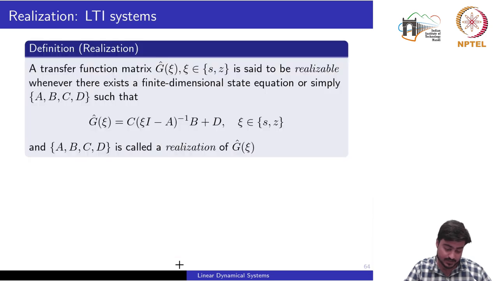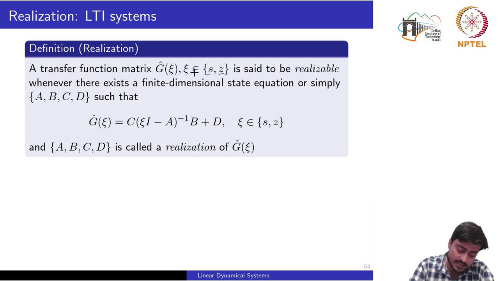Let's define it formally. Consider a transfer function matrix g hat of xi. I use this variable xi just to denote that this definition is valid for both the continuous time system and the discrete time system. In continuous time we go with the Laplace operator s, and in discrete time we go with the z transform operator z.